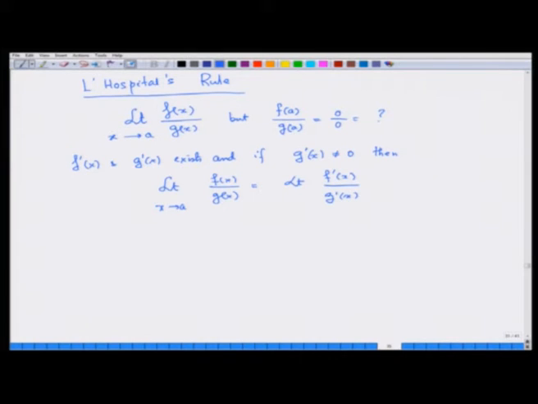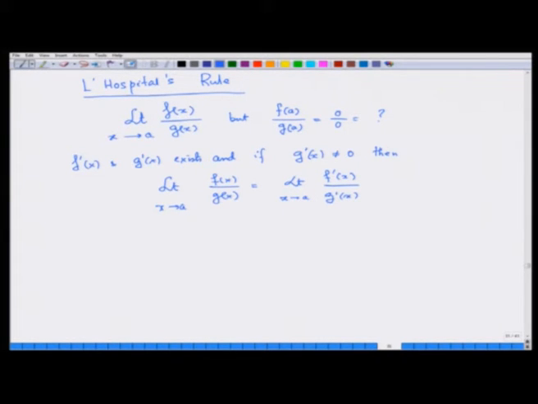When I am talking about f dash x and g dash x existing, I mean the derivative exists at all x from the domain of the function, and if g dash x is not equal to 0 on the domain for every x, then this limit is same as this limit.